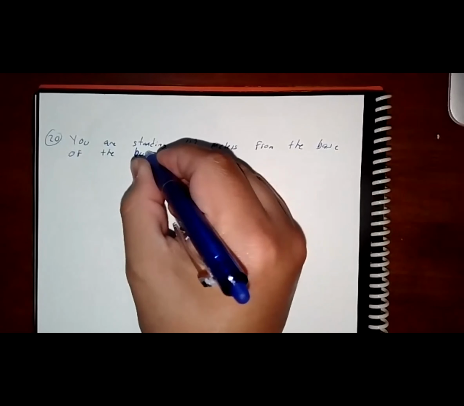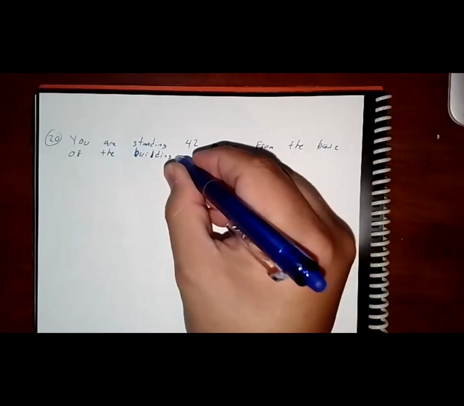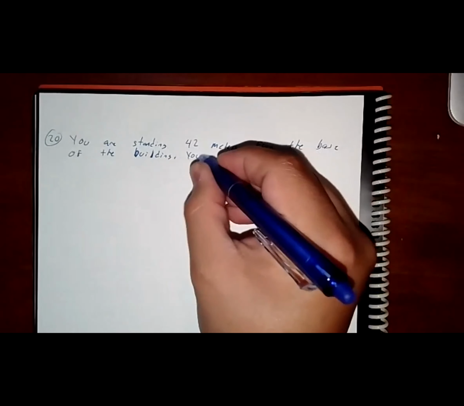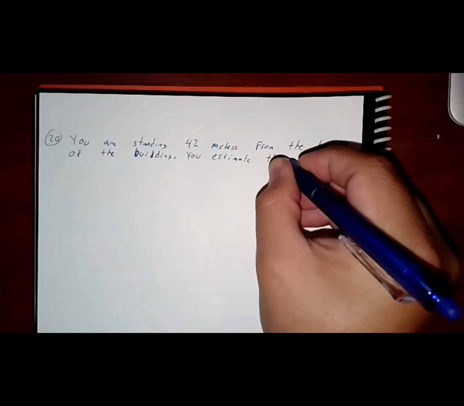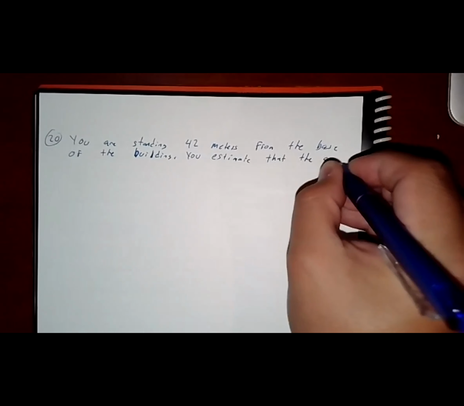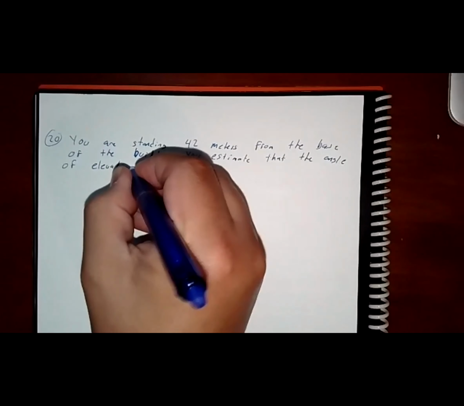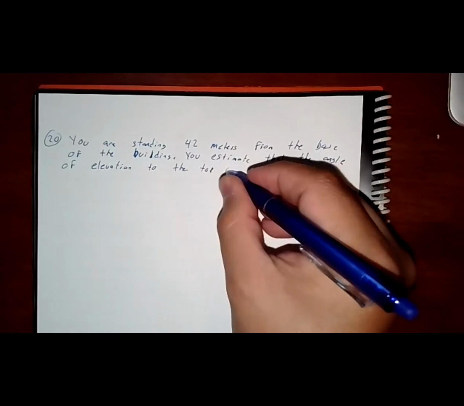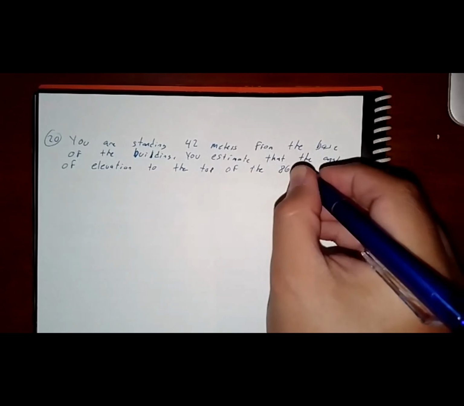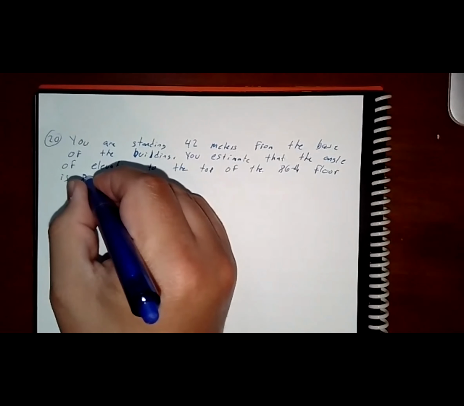You estimate that the angle of elevation to the top of the 86th floor is 82 degrees.